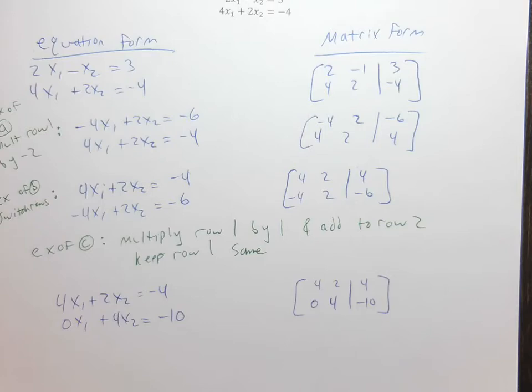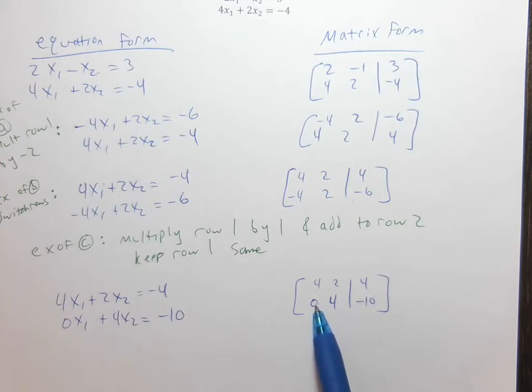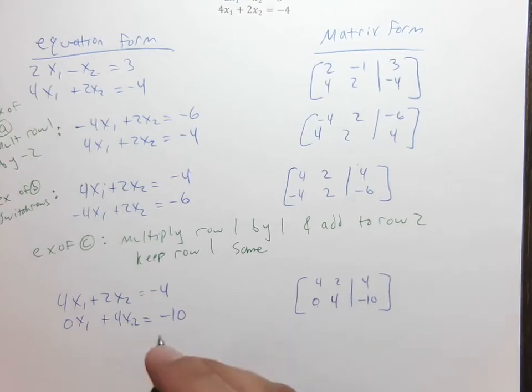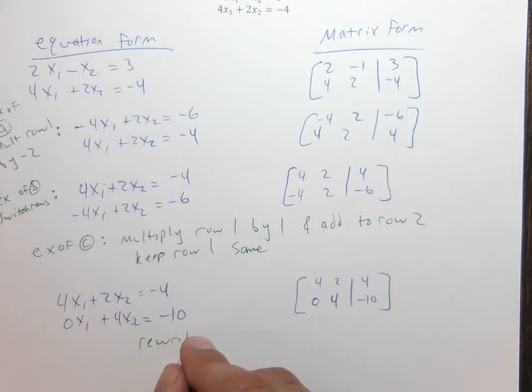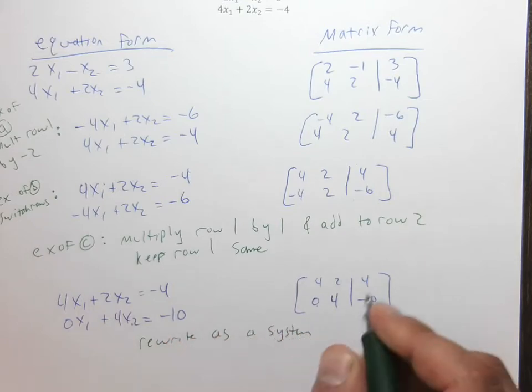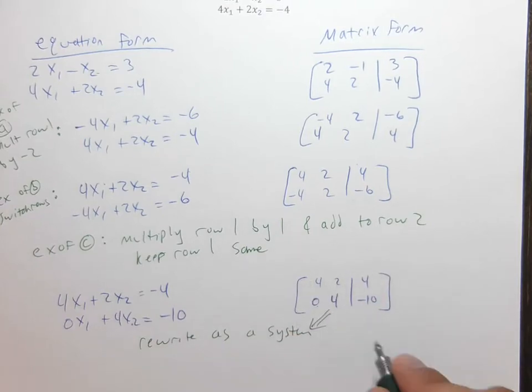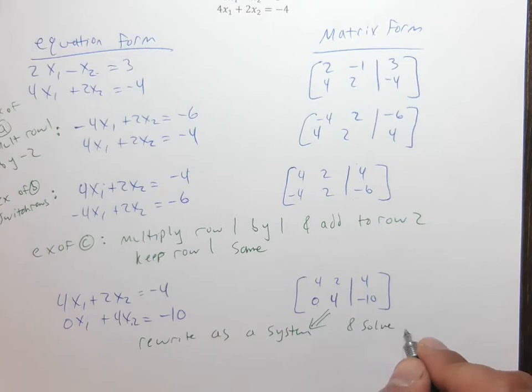Now, what we'll see is we can now solve this. Anytime you end up with basically one variable in a row, right? So this is just x2 in that row, just like here. You can now solve for x2. And so we can then rewrite as a system, right? So once we have a matrix that looks like this, we can rewrite it as a system and solve for x1 and x2.